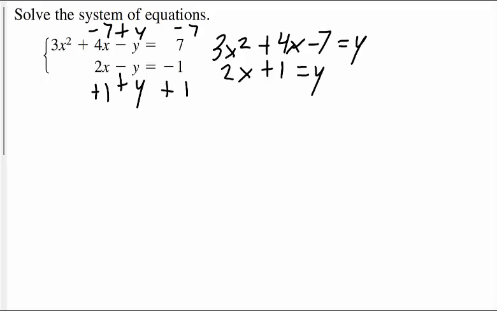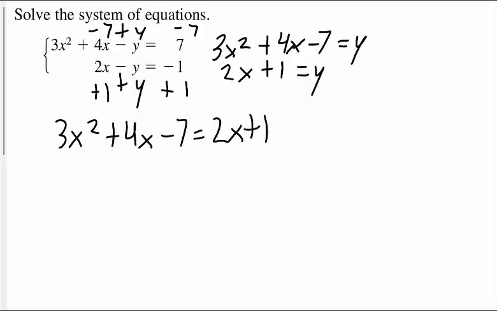So now, since we have them both y equals, we can just set them equal to each other. So 3x squared plus 4x minus 7 equals 2x plus 1.